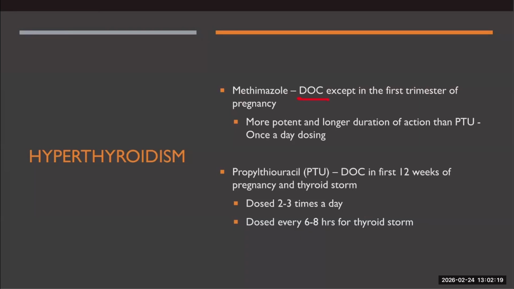The only real difference is methimazole is more potent and longer duration, so it's only like a once-a-day dose. The PTU, because it doesn't have the same type of profile, you have to take it more than once a day. Some patients don't want to take more than one pill a day. It's a compliance issue, but they're pregnant, so they need to take the PTU.